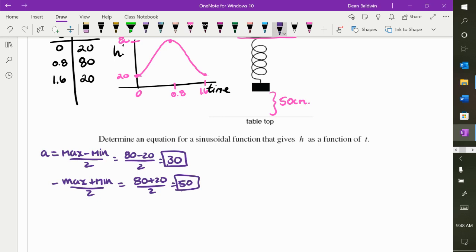I got all excited. D value. That makes way more sense.